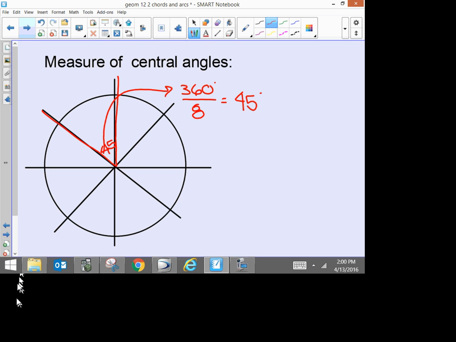Anything about an arc? It's a minor arc. You mean it intercepts the minor arc? Yes. Okay. What do we know about the measure of that minor arc? It's 45. The measure of the central angle is the same as the measure of the intercepted arc.